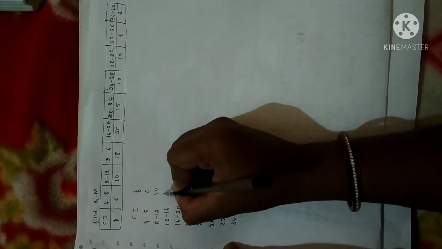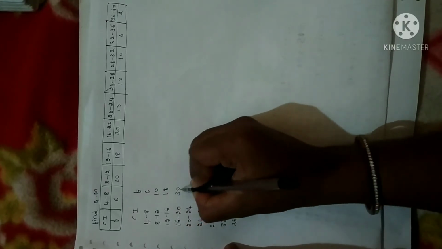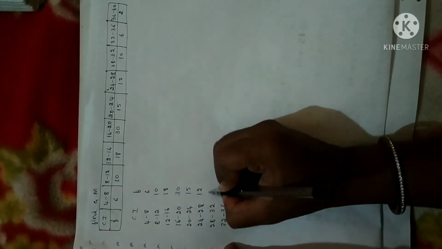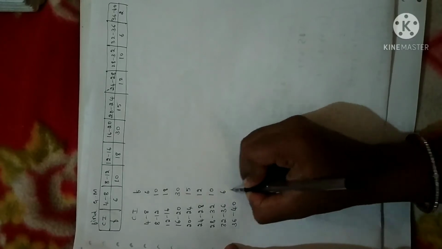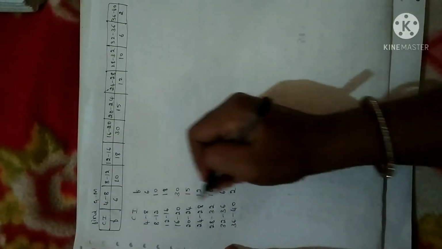Frequency: 6, 10, 18, 30, 15, 12, 10, 6, 2. I have listed the same class intervals and frequencies given in the problem.